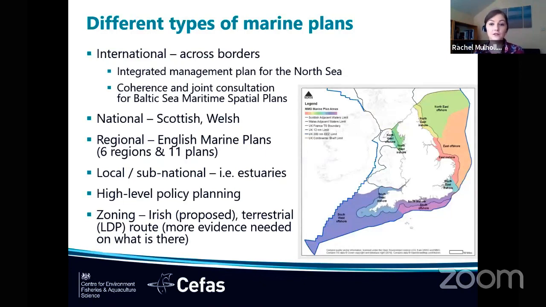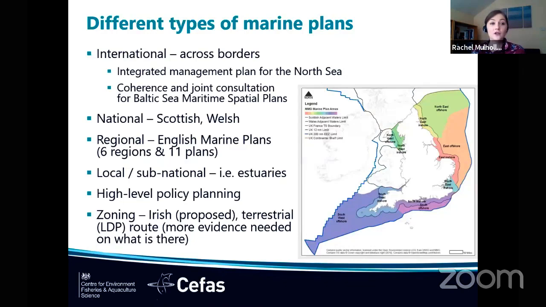Within these different levels of marine plans, there are also different planning approaches that can be taken. So from a very high-level policy approach, where the plan might set out support for certain sectors or to protect against environmental or social impacts, down to a very specific zoning approach that can be taken where the whole marine area can be mapped out with specific spatial allocations for each sector or activity, where certain things can then be allowed to happen and certain things cannot be allowed to happen within very distinct allocated areas.